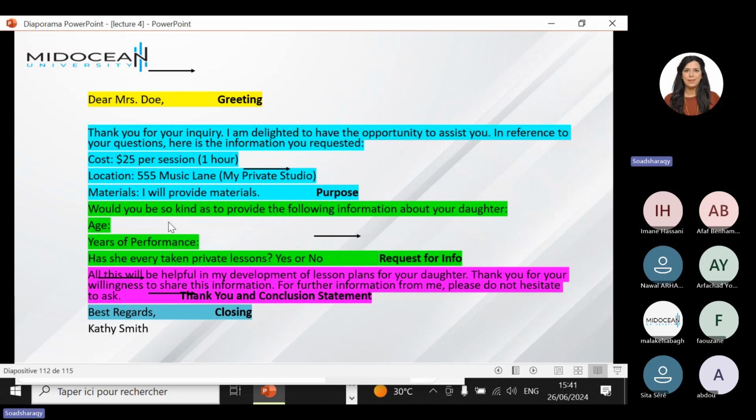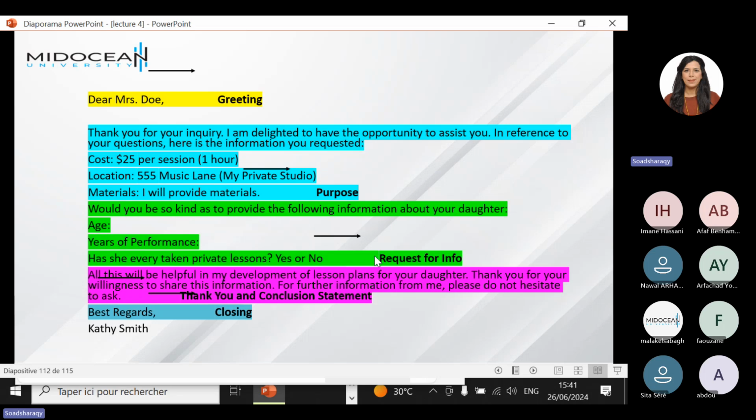Request for information: would you be so kind as to provide the following information about your daughter? Age, years of performance. Has she ever taken private lessons, yes or no?